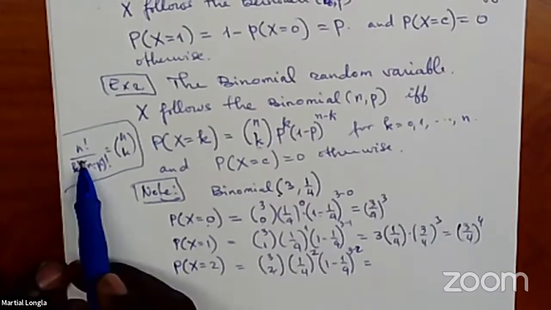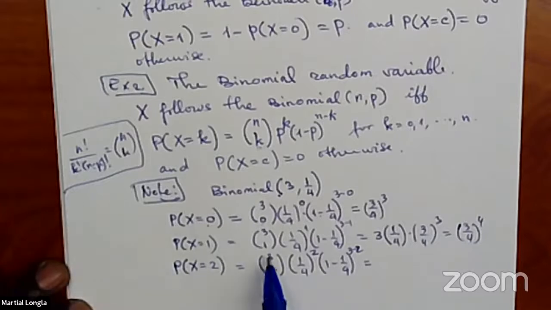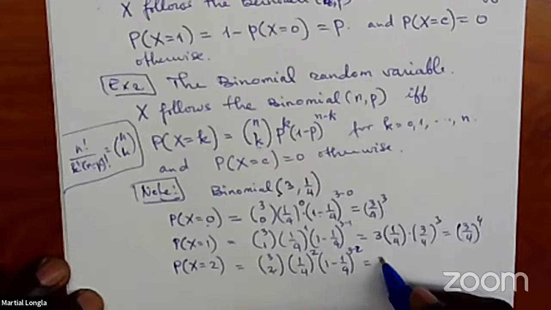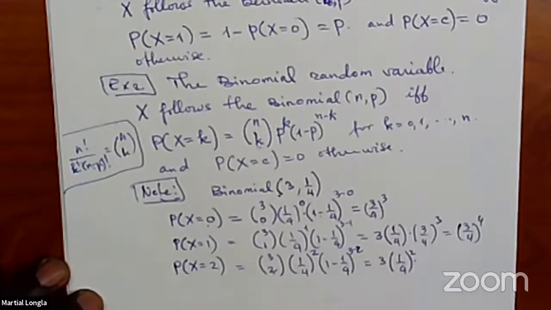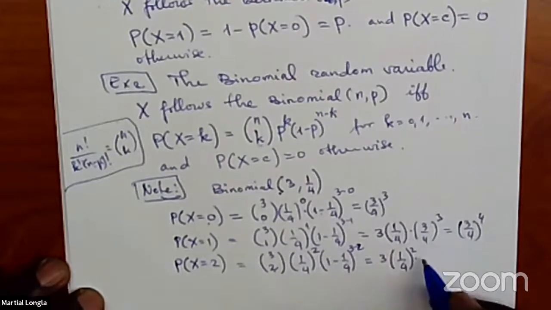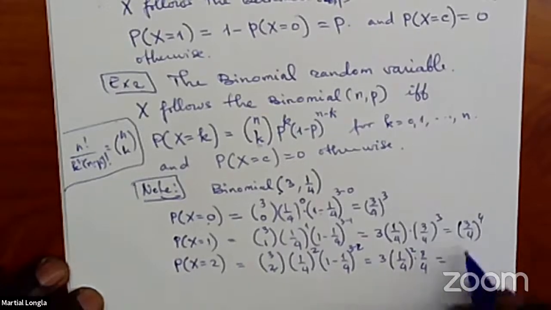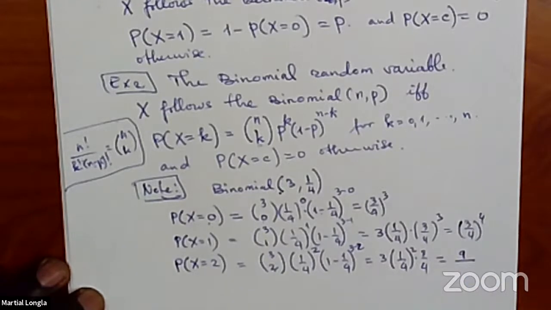You write down that formula and develop, you see that choose 2 out of 3, that's 3. So you get 3, then 1/4 squared, and then 1 minus 1/4, that's 3/4 to power 1. So that's times 3/4. So that gives you 9 out of 64.